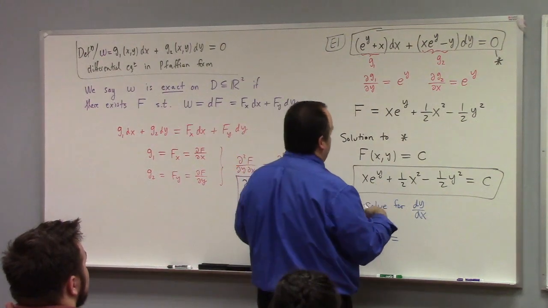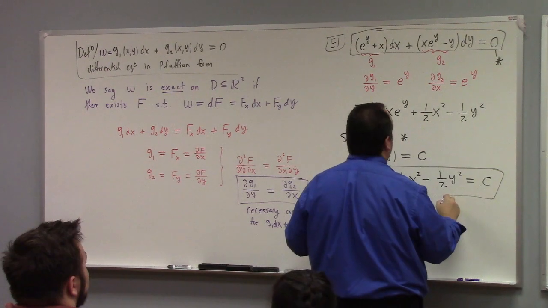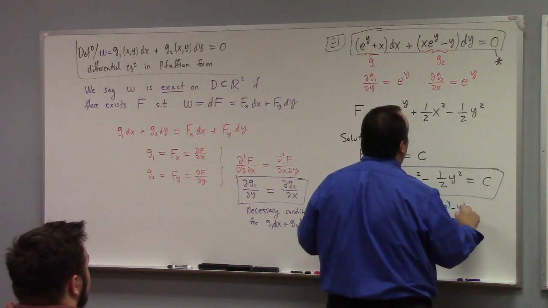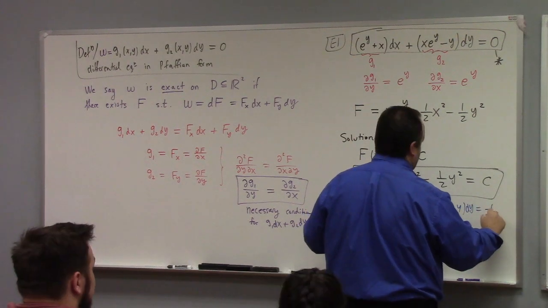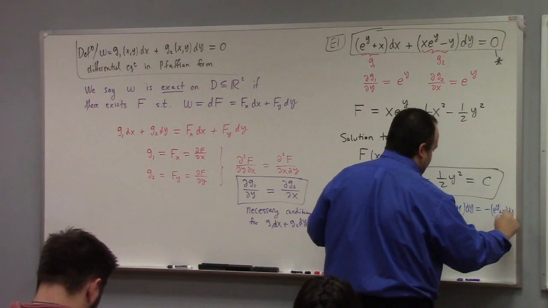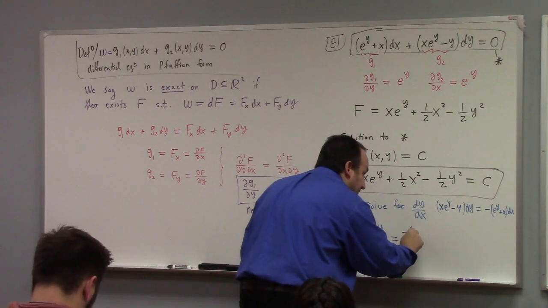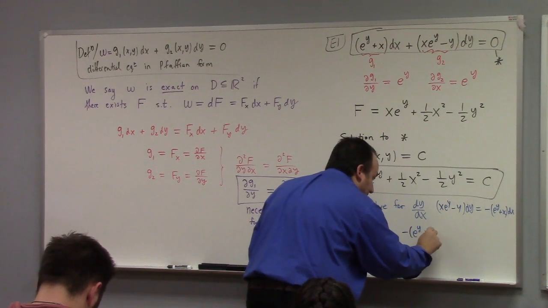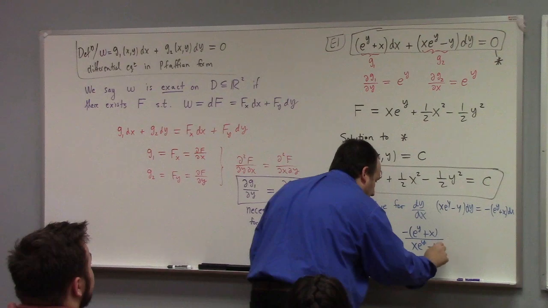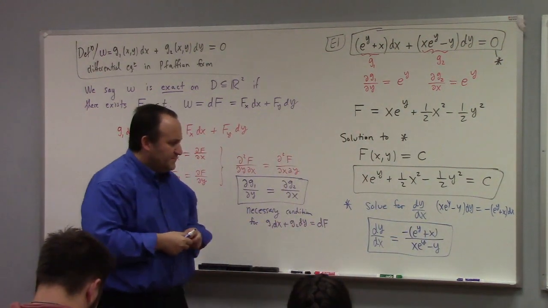And then divide by the dx. So I have x e to the y minus y dy equals minus e to the y plus x dx. Solve for dy dx, I get minus parentheses e to the y plus x over x e to the y minus y. That is the differential equation we just solved.